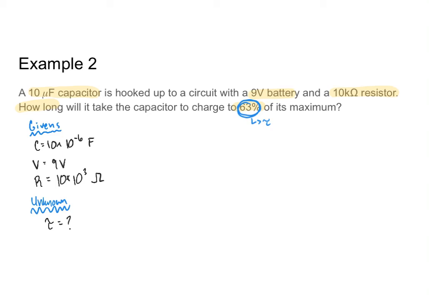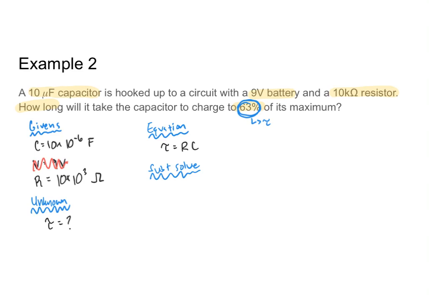So let's go ahead and write our equation. I know that tau is equal to my resistance times my capacitance, and that means that I am ready to sub and solve. But before I do that, I'm going to cross off this piece of information about voltage because it's not in my equation and is therefore irrelevant.